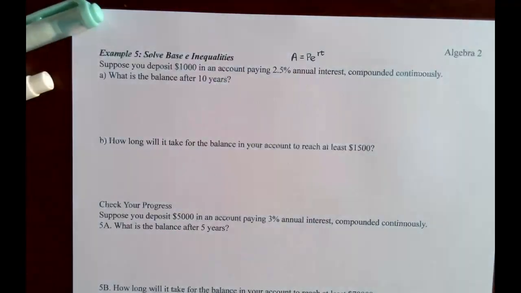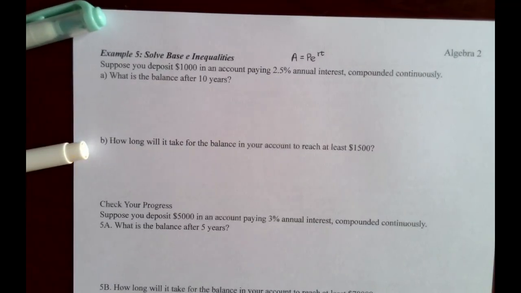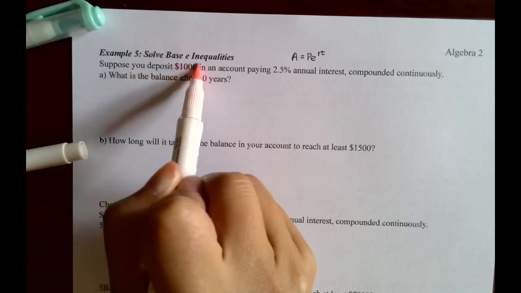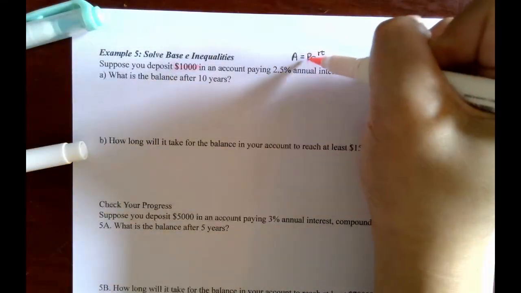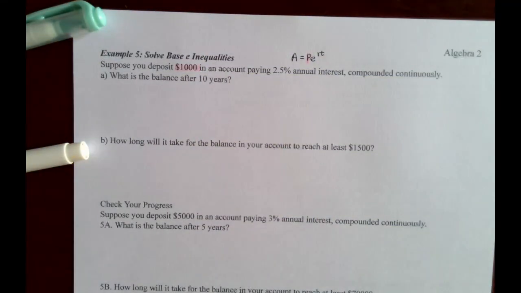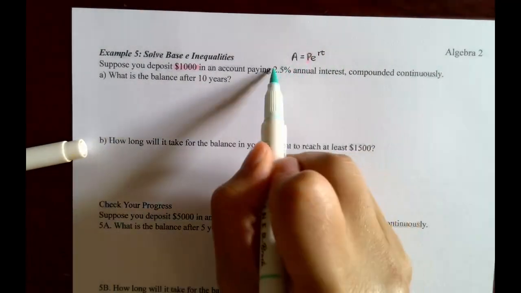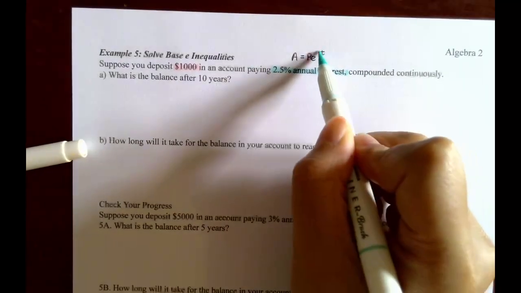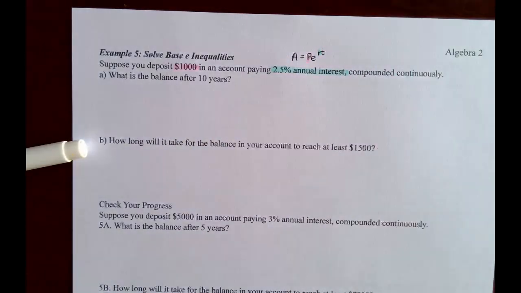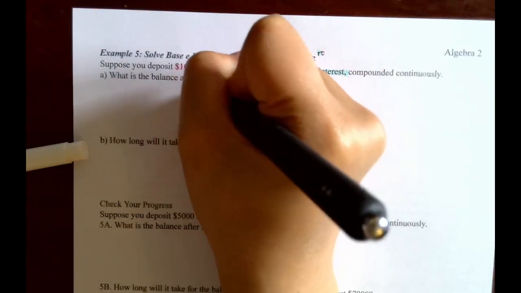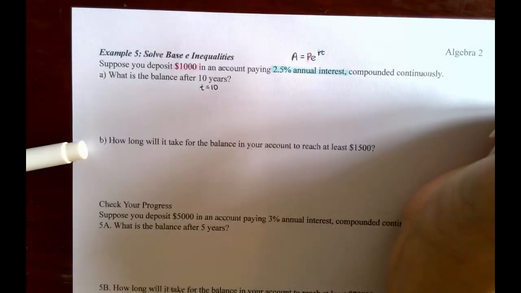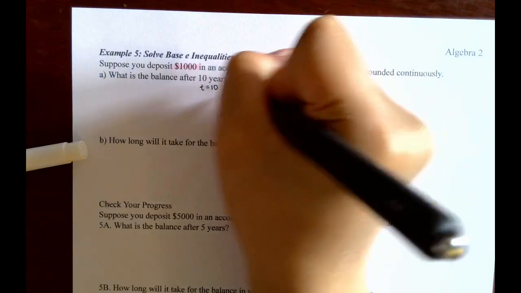This tells us that we deposited $1,000, so this is going to be our principal. It tells us that it pays an interest of 2.5%, so that's going to be our rate. And then here, it wants the balance after 10 years, so t equals 10. So I want to know the amount.